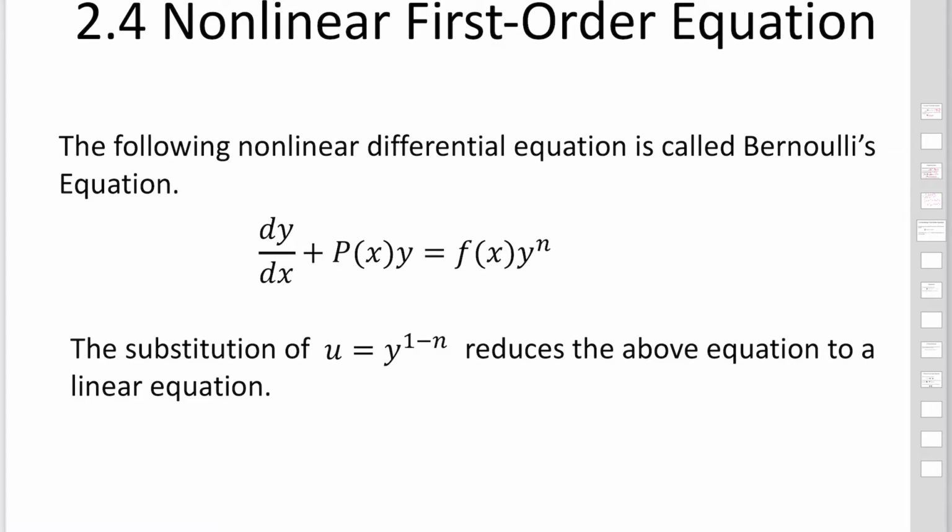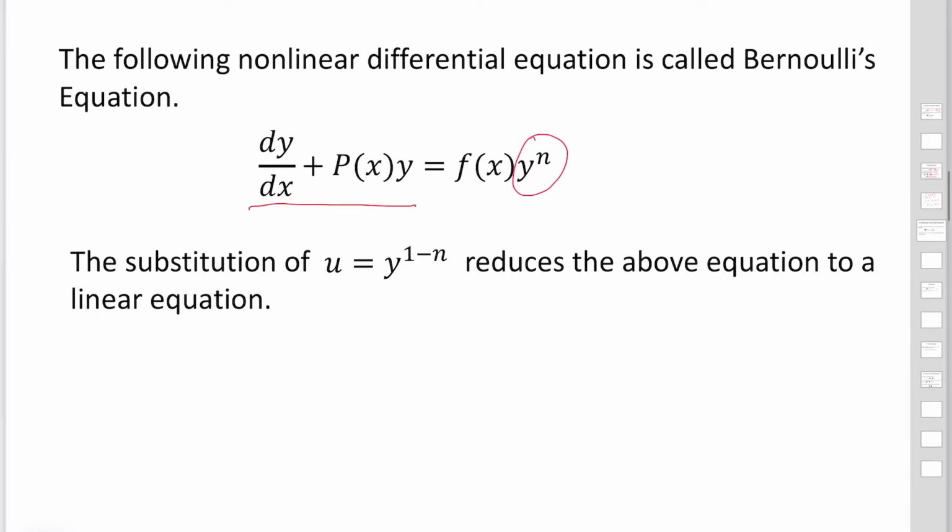The following nonlinear differential equation is called Bernoulli's equation. The left-hand side is exactly the same as the standard form of linear first-order differential equations, but the right-hand side is f of x times y to the n. To solve Bernoulli's equation, introduce a new variable u. u is equal to y to the 1 minus n.